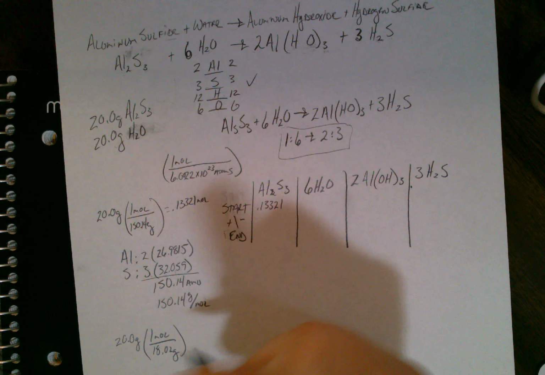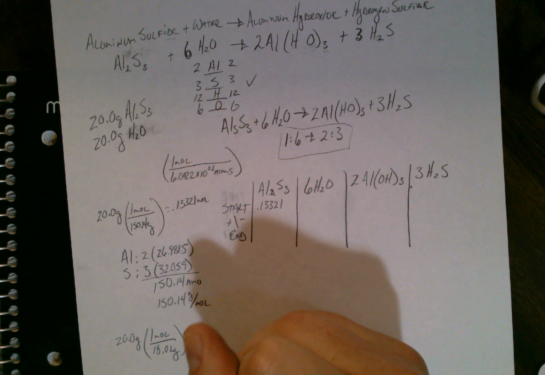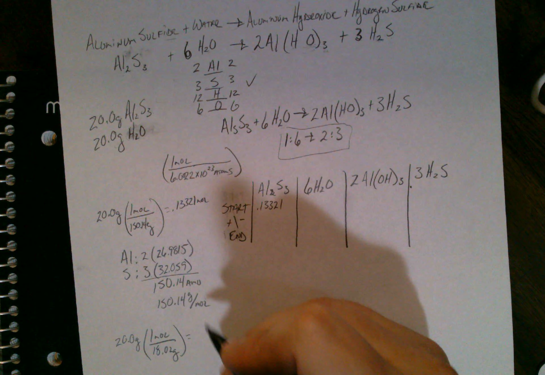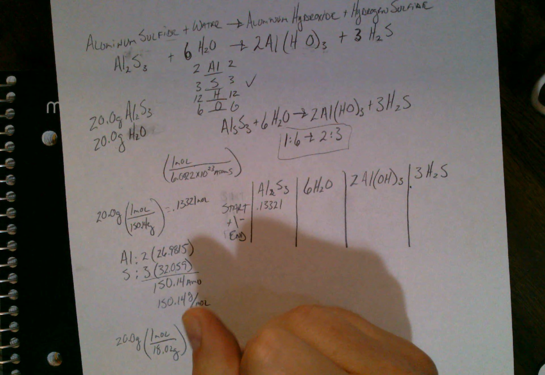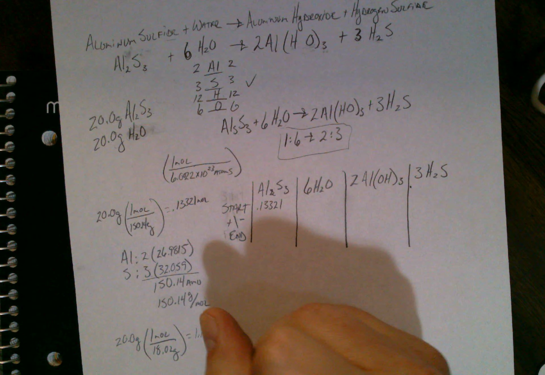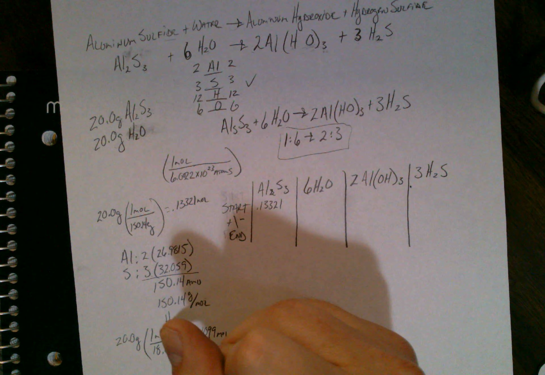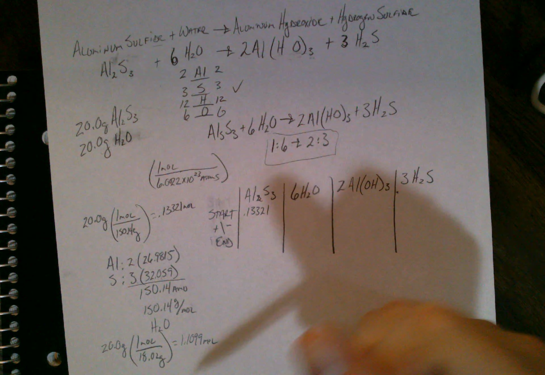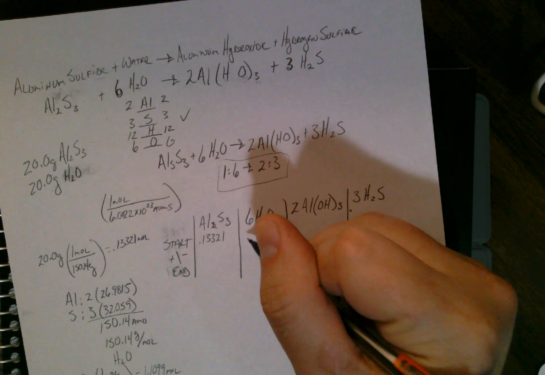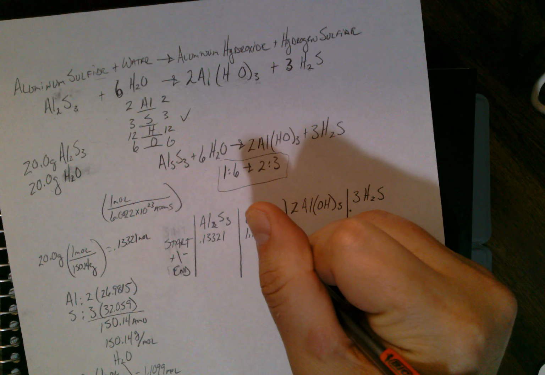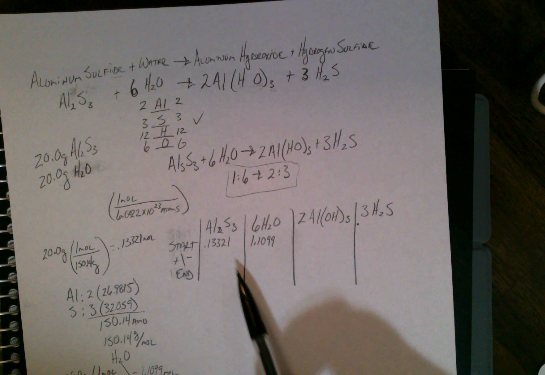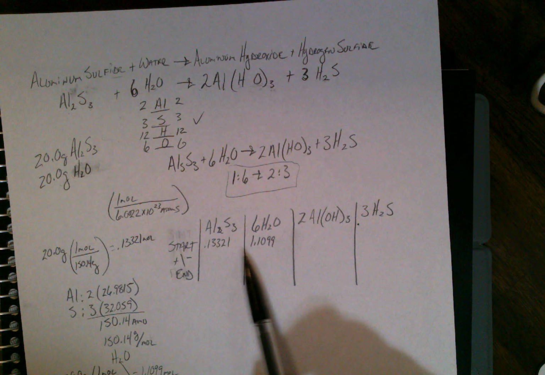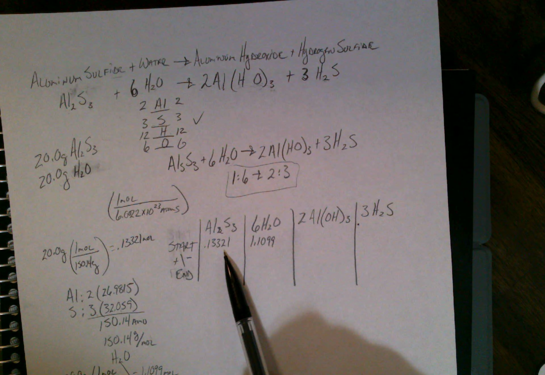So once you have that, you run that through, and that's going to give you 1.1099 mole of H2O, of water. So that's how much we start with here, 1.1099 mole.